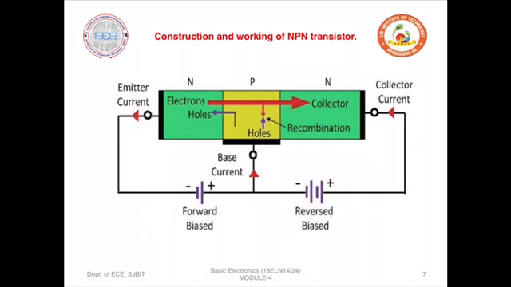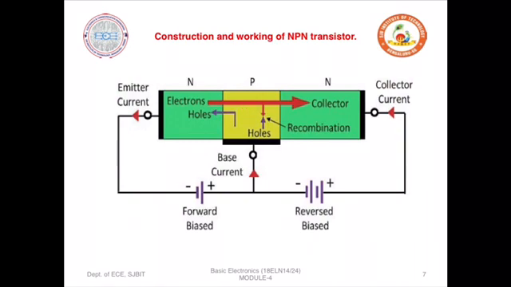Since the base emitter junction is forward biased and the collector base junction is reverse biased, the carriers that are injected into the emitter are swept away through the base into the collector.